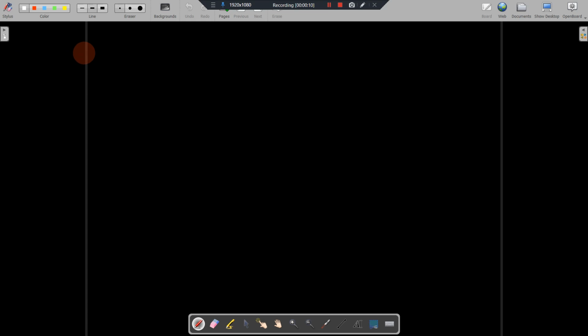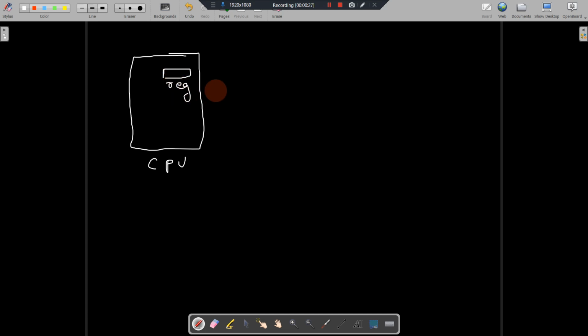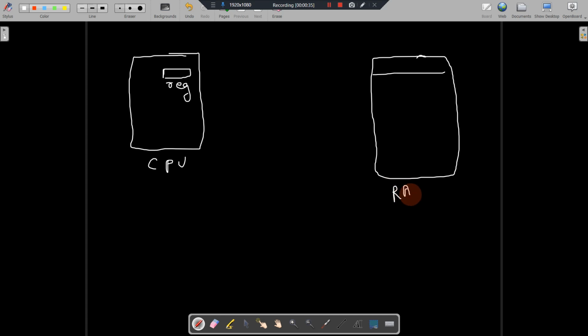Before starting with cache mapping, let us recall what caching was. This is our CPU. Inside this CPU there are small memory locations, registers, and this is our RAM, where our actual program which is running is stored.